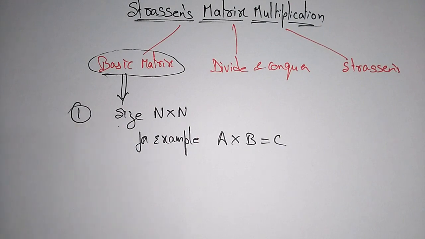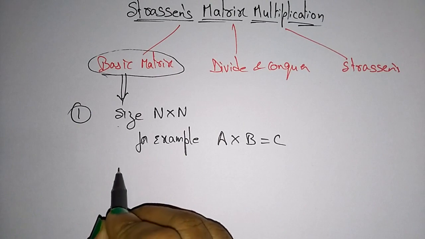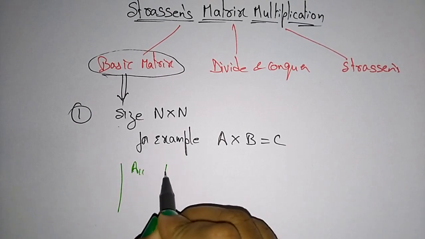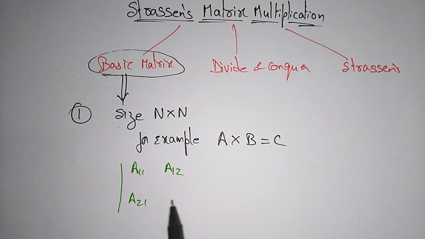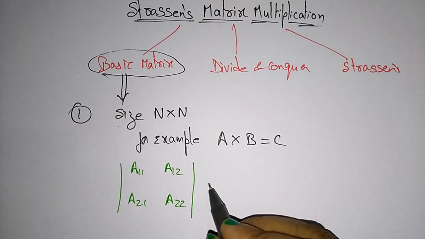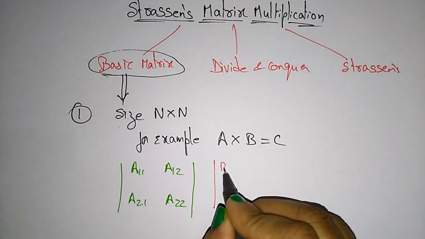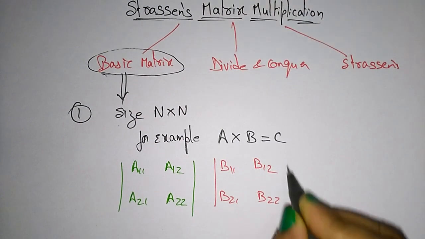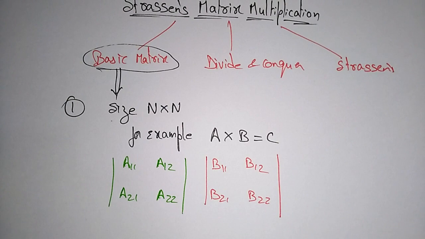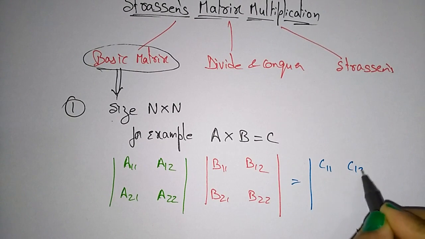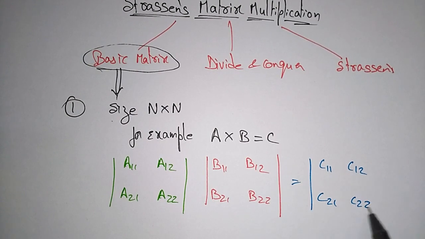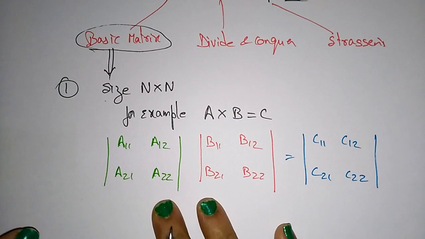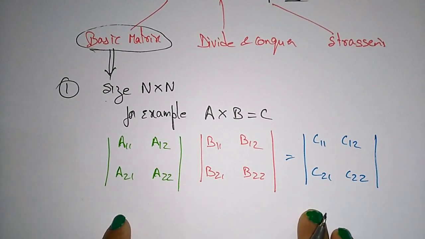Let us take A as A11, A12, A21, A22 and B as B11, B12, B21, B22. Coming to C, that is C11, C12, C21, C22. So this is just a 2 by 2 matrix.